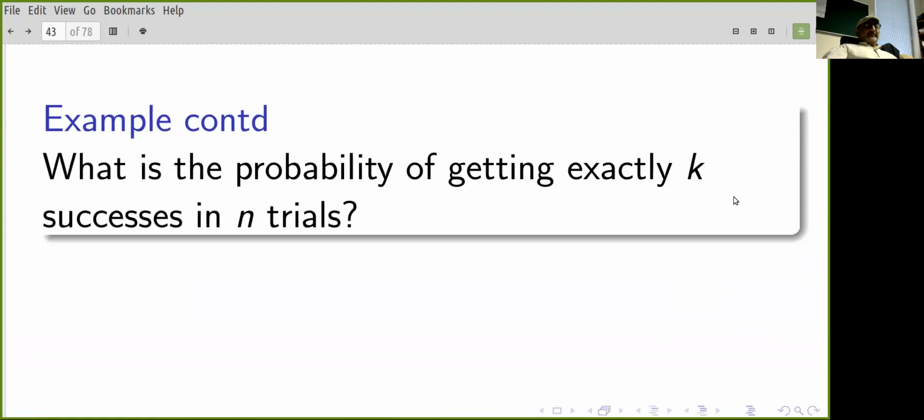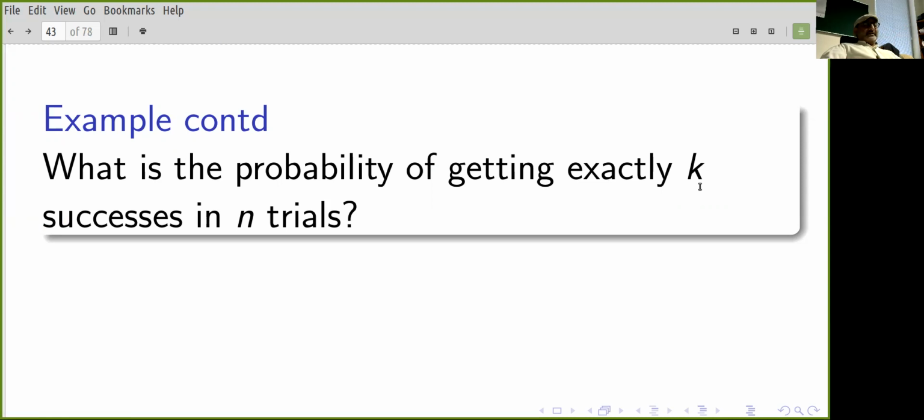Well, think of k successes followed by n minus k failures. What's the probability of that? Each of the trials is independent, so that would be p to the k times q to the n minus k for that particular sequence.